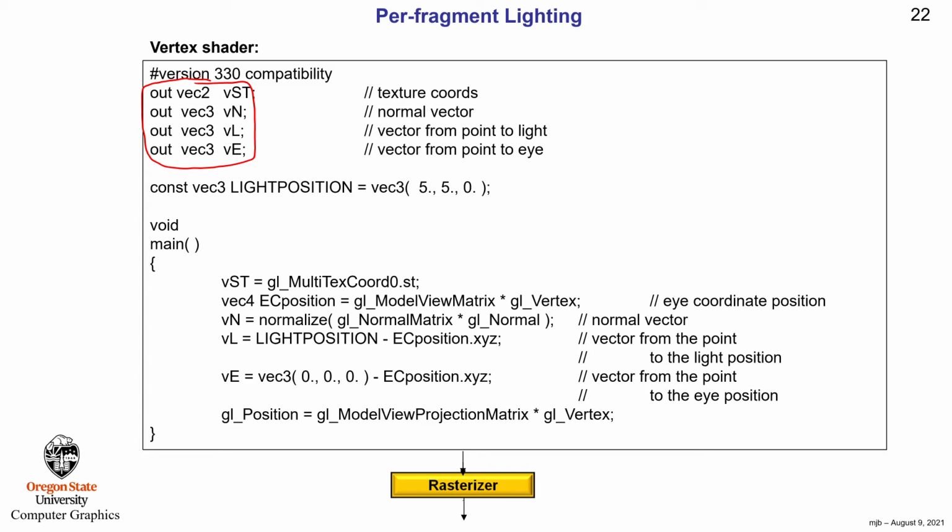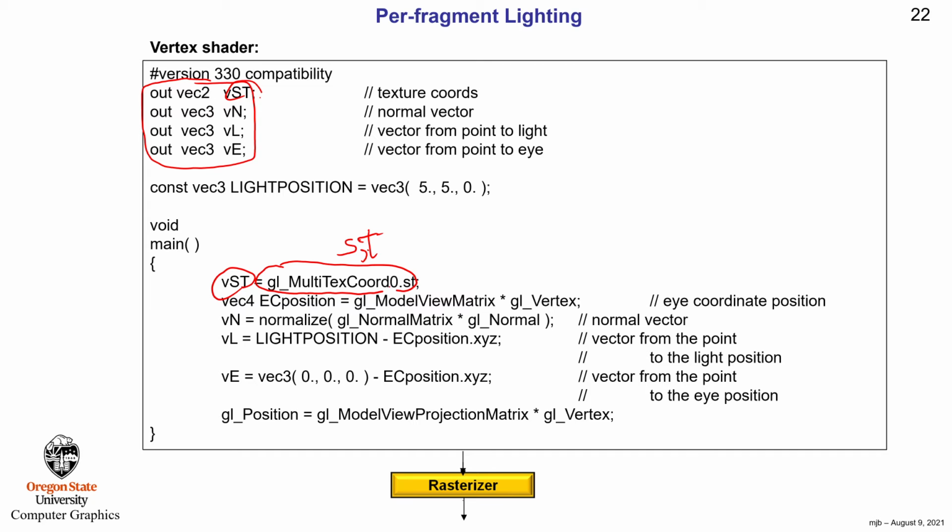Just for ease of reading, I've made it a constant vec3 inside the shader. If you want to do texturing, here's how you find out the S and T coordinates of the vertex that we're looking at right now. And so we're going to set it to this out variable so we can pass it over in case we need it. We're not going to use it in this case.